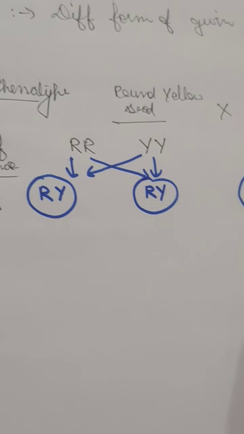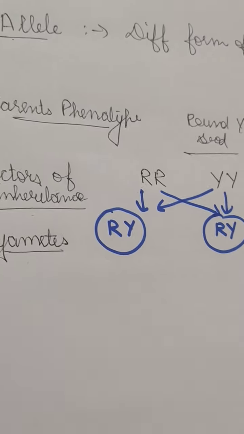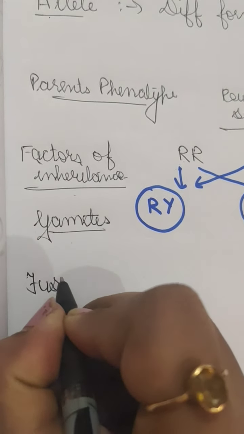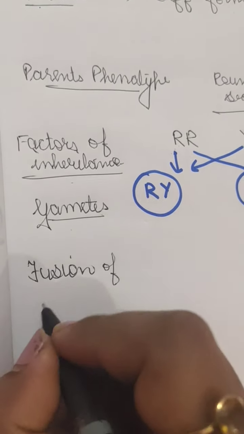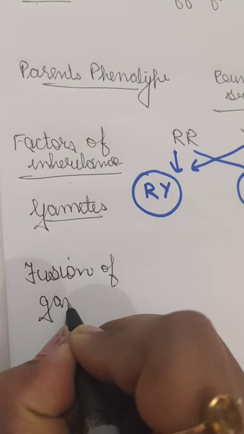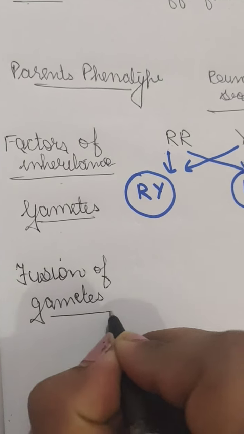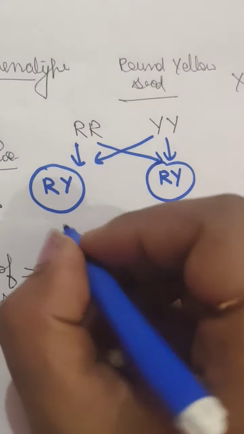Okay, so now after this there will be fusion of gametes. Although we have done this in our previous lecture, it was a little messy that time. That is why I am going through it again. Fusion of gametes. So when fusion of gametes takes place, how will it happen?